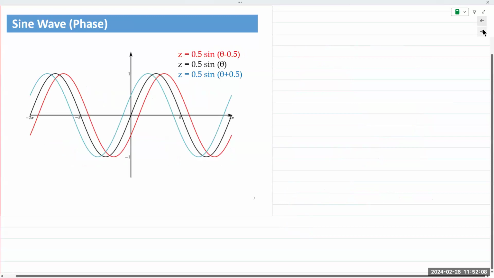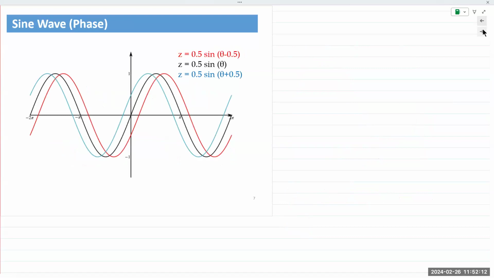Phase. Phase is simply the point in time where the waveform's value, the value on the y-axis, goes to 0, the moment in time where it crosses the x-axis.